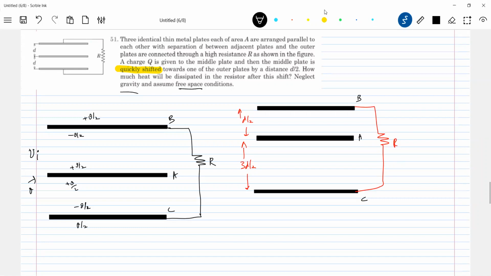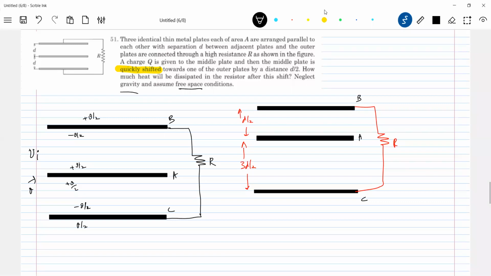And quickly also has to be interpreted here. What will happen to the system? Quickly, in the sense, it is just given a push. Gradually shifted would mean the external agent comes into the picture and supplies energy.